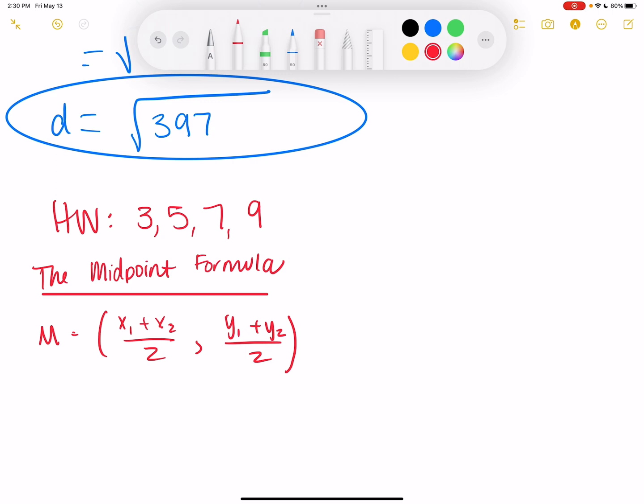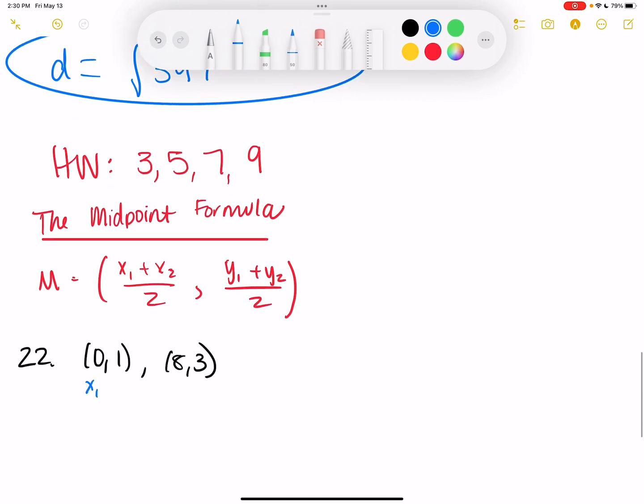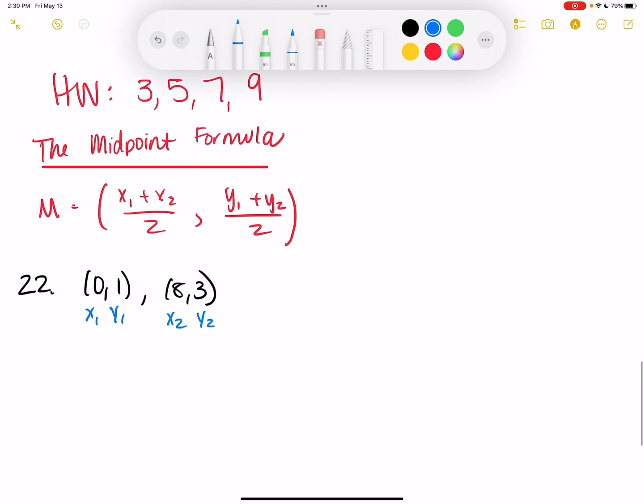Alright, so the midpoint of (0, 1) and (8, 3). So we have X1 and Y1 and X2 and Y2. So our answer is an ordered pair, so we set it up that way.